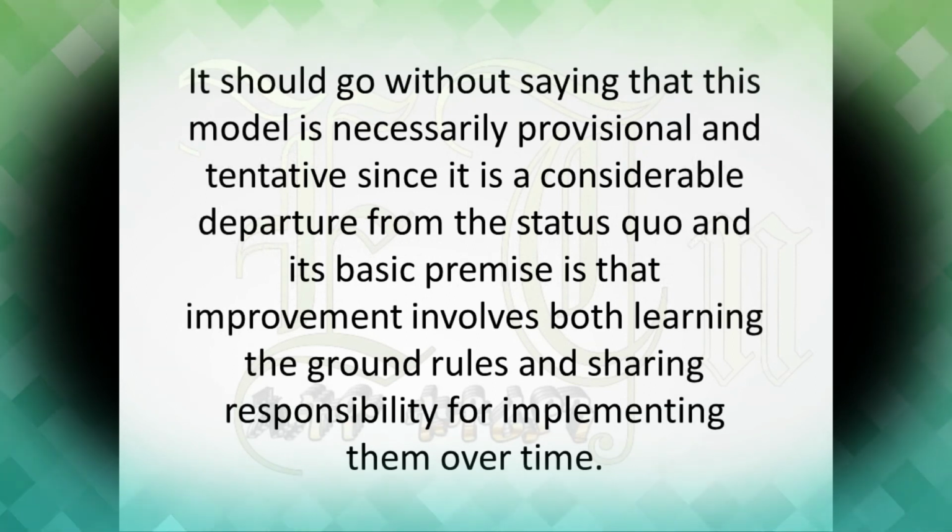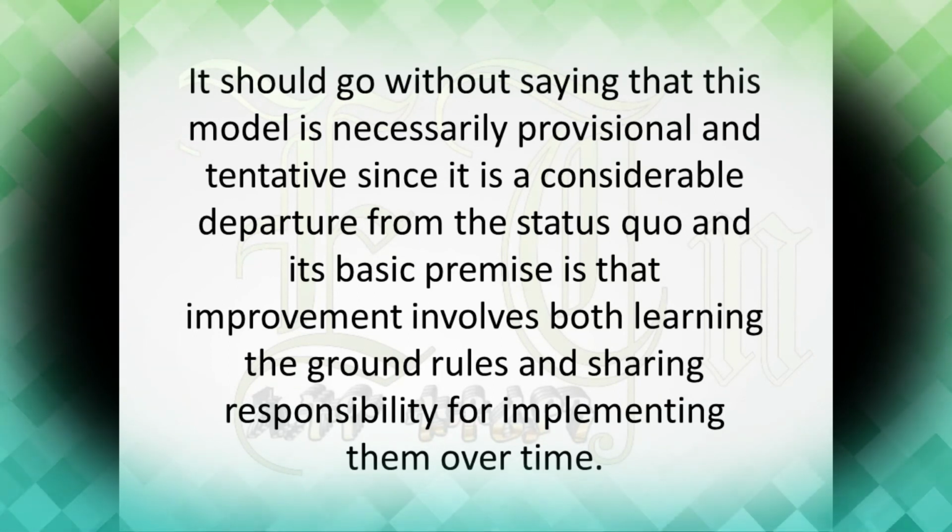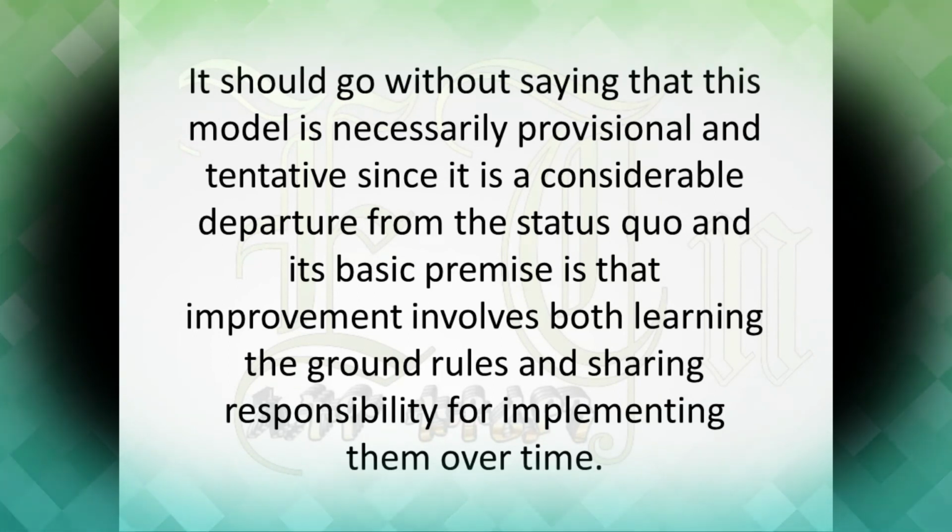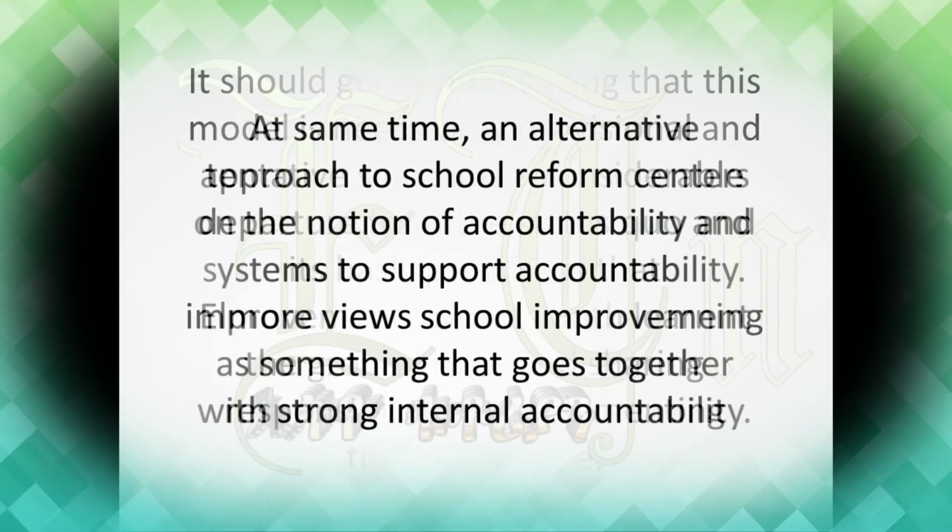It should go without saying that this model is necessarily provisional and tentative, since it is a considerable departure from the status quo, and its basic premise is that improvement involves both learning the ground rules and sharing responsibility for implementing them over time.